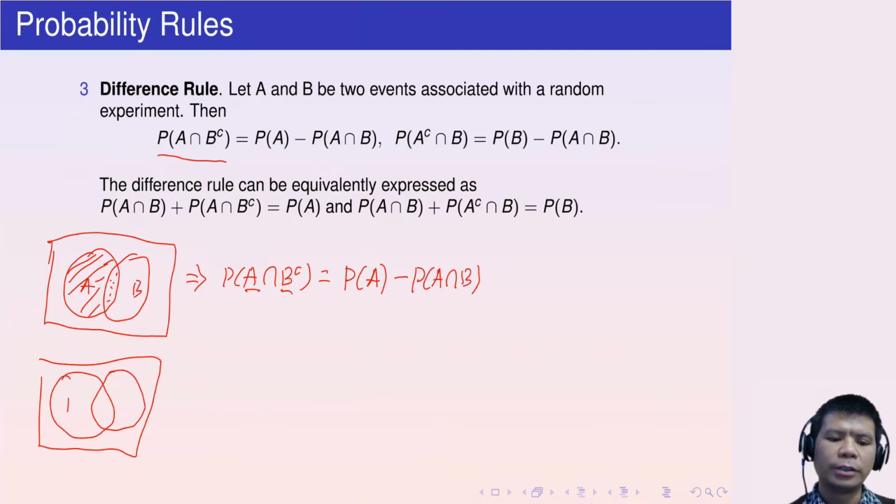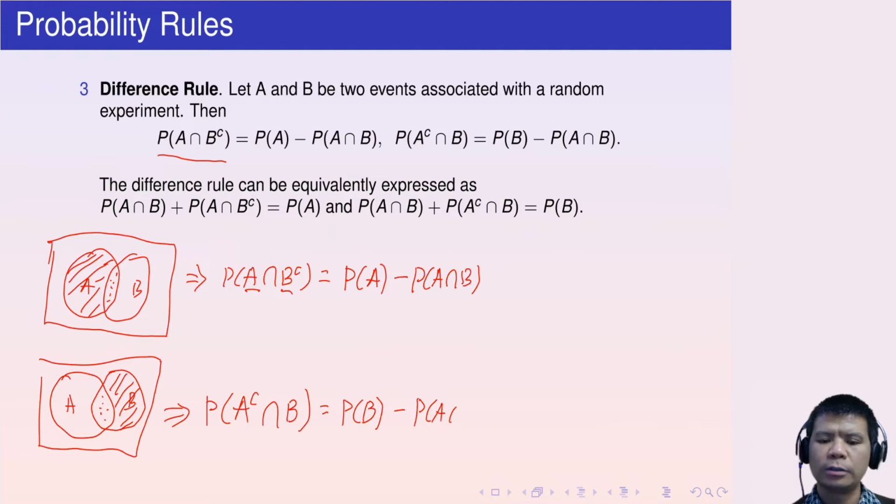If it is A and B, this is in B, not in A. So it is to exclude this intersection from B, in B, not in A. So it is probability of B minus probability of their intersection.